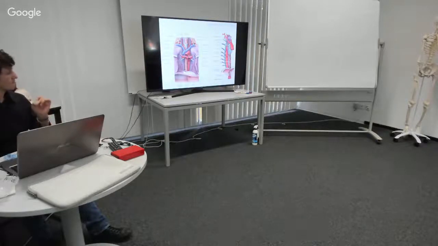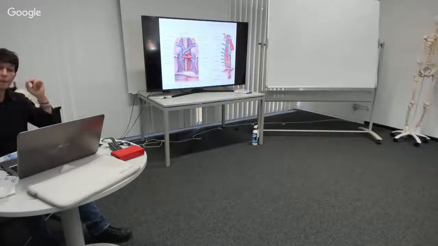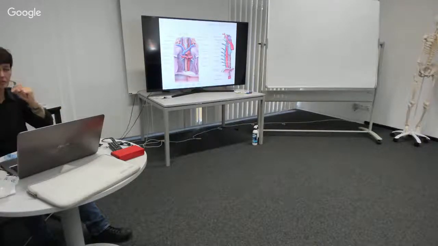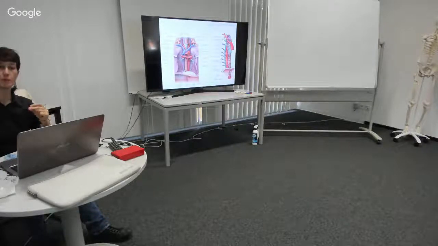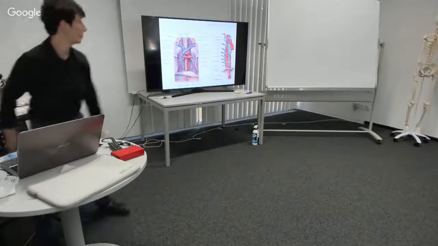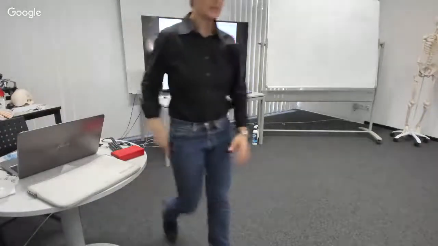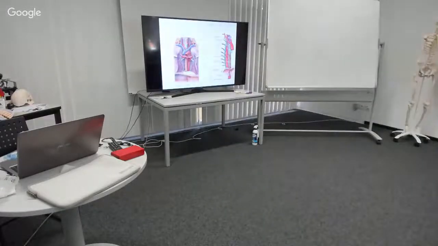Also, below the relation with the right pulmonary artery, we find this important relation with the heart. It is with the pericardial sac that is enveloping it in this position. Just imagine.